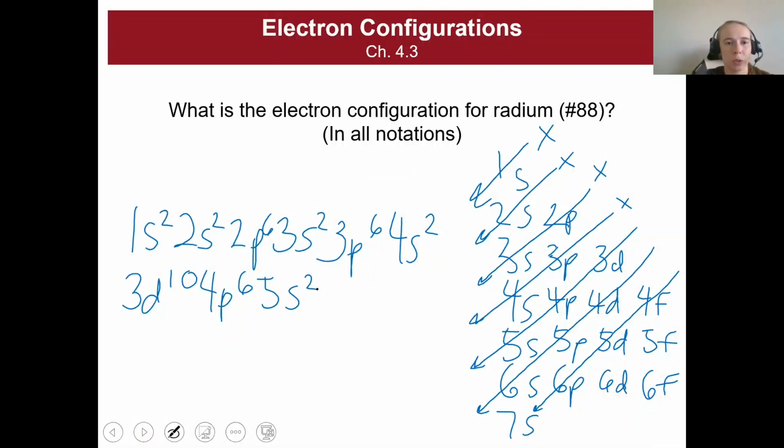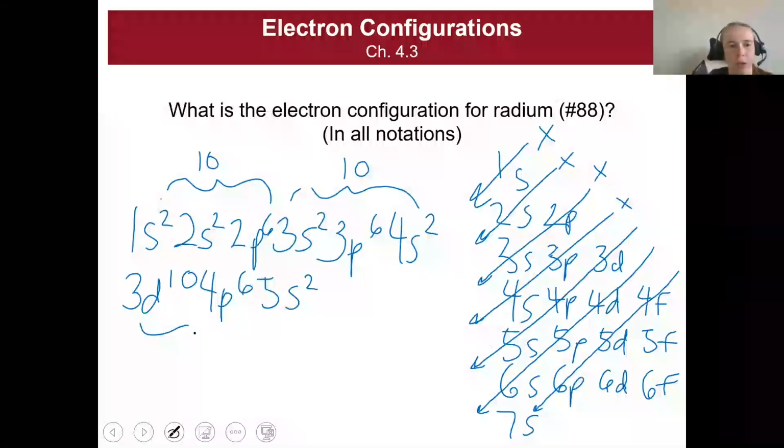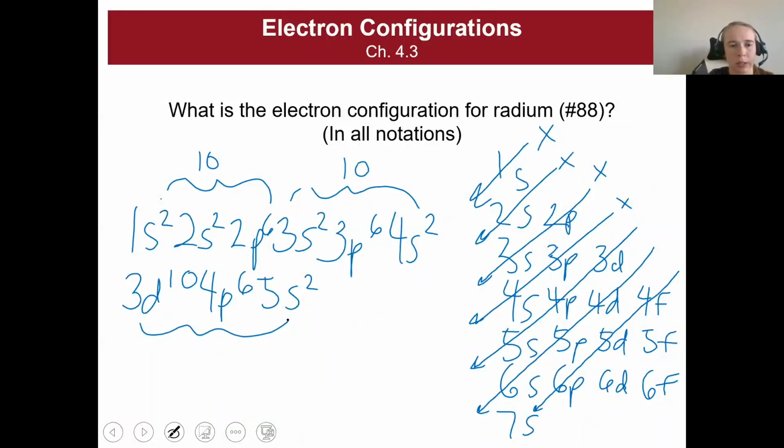So 1s2, 2s2, 2p6, that is 10 electrons. Then we got 3s2, 3p6, 4s2, it's another 10 electrons. Then we got 10 from the d orbital, and then 6 from p and 2 from 5s, so that's 18. So right now we're at 38. We got a long way to go.